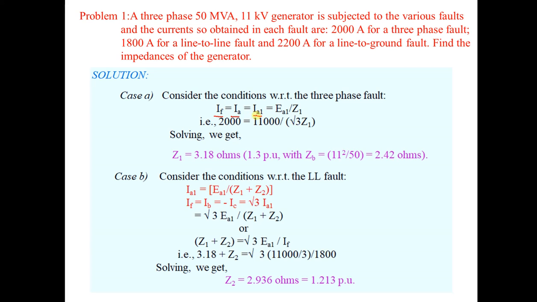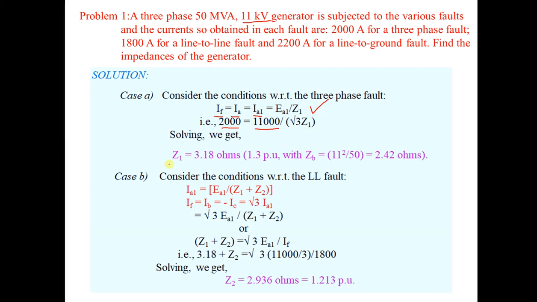IA1 will be equal to V by Z, so that is written EA1 by Z1. Here it is 2000 amps for 3 phase fault and 11 kV. So 11,000 by root 3 times Z1.